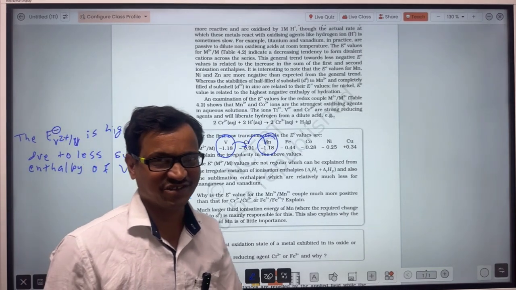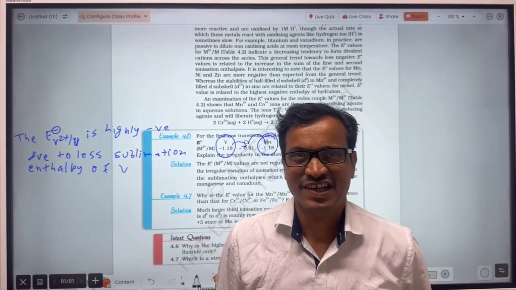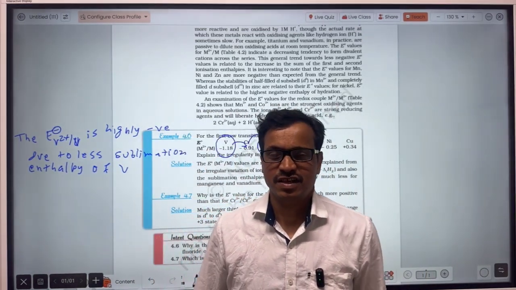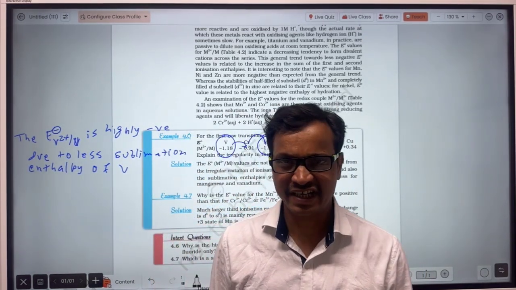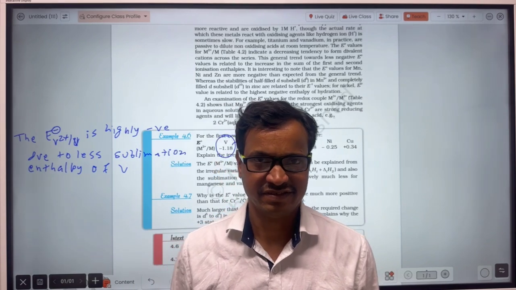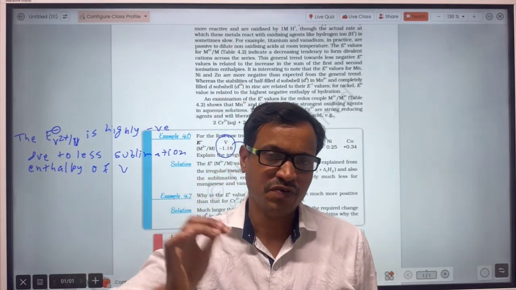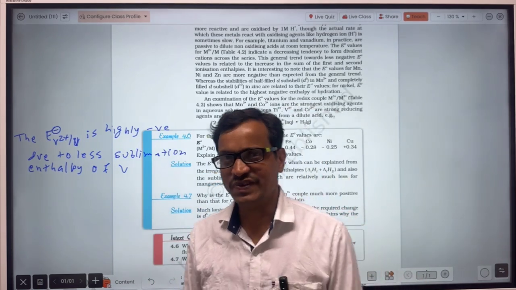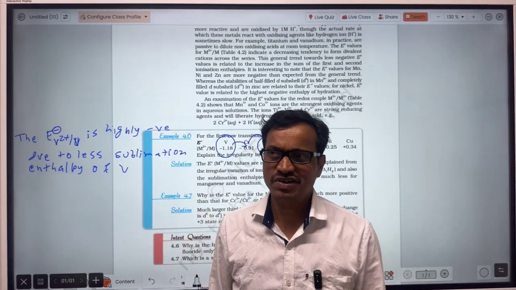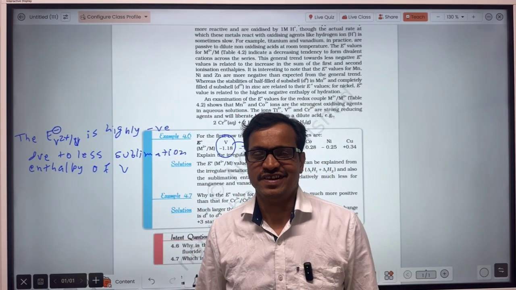Sublimation enthalpy means, what is sublimation? When any element goes into the vapor phase directly from the solid phase, that means the element goes into the vapor phase without going through the liquid phase. That is called sublimation.